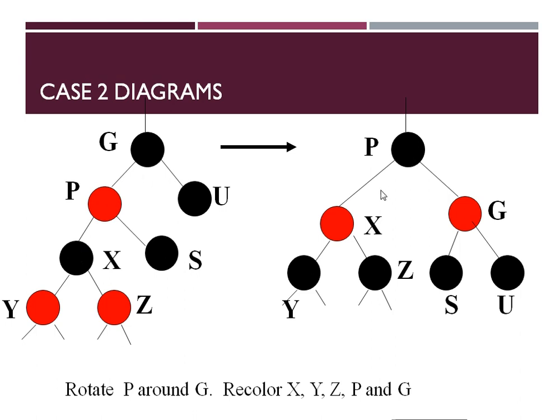So here P becomes the parent, X becomes the child of P, and G becomes the right child of P. Okay, I hope you are following this. So this happened after rotation, and then we recolored G as red and satisfied the property.